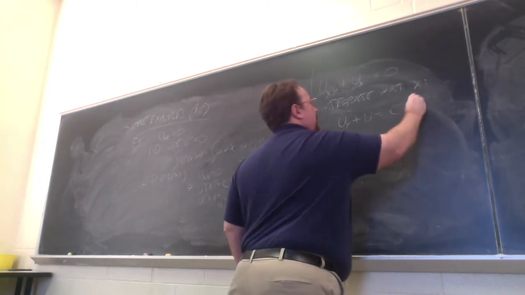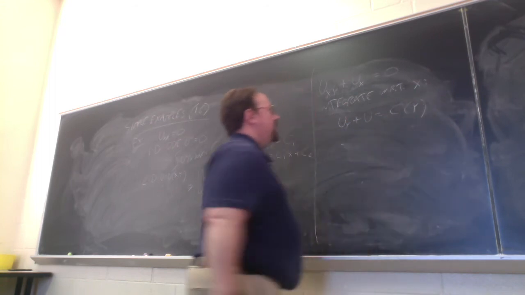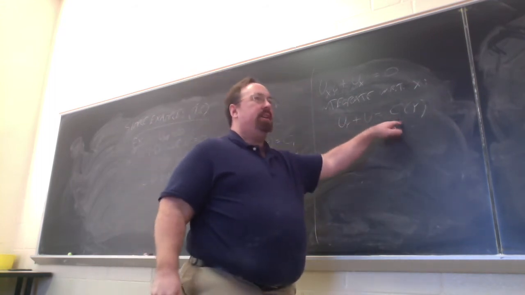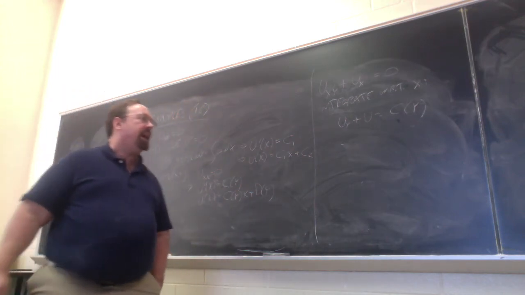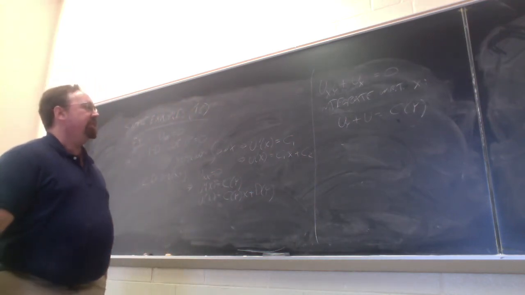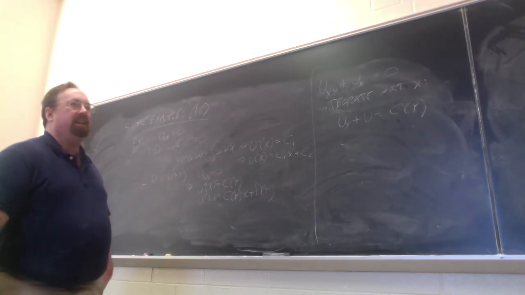Yeah, because we integrate with respect to x, so whatever we put over here has to be independent of x. Okay, so this is some function c of y. So now what we have is, well, it looks like an ODE, except you keep in mind that u is still a function of two variables.